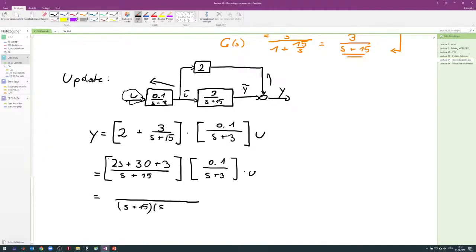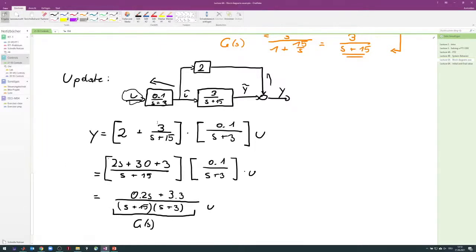We're going to discuss today what poles are. You don't need to multiply this out. It's already in a very nice form, and we are left with 0.2S plus 3.3, right? And this guy now describes your system G of S.